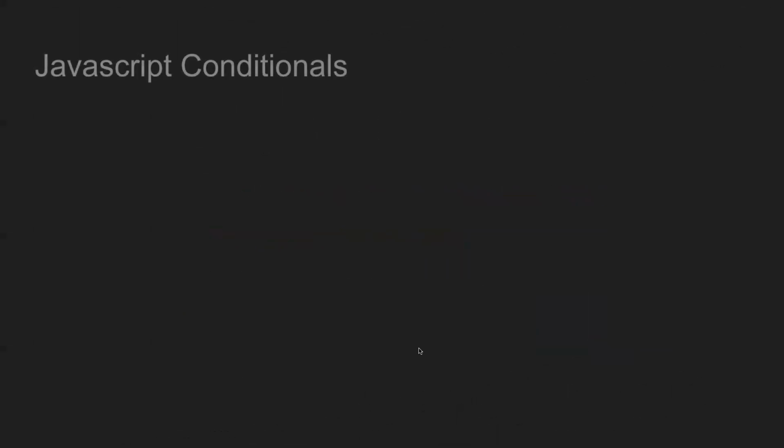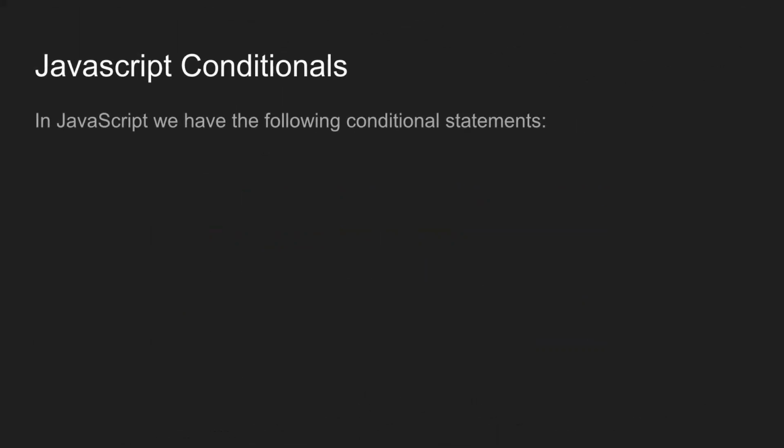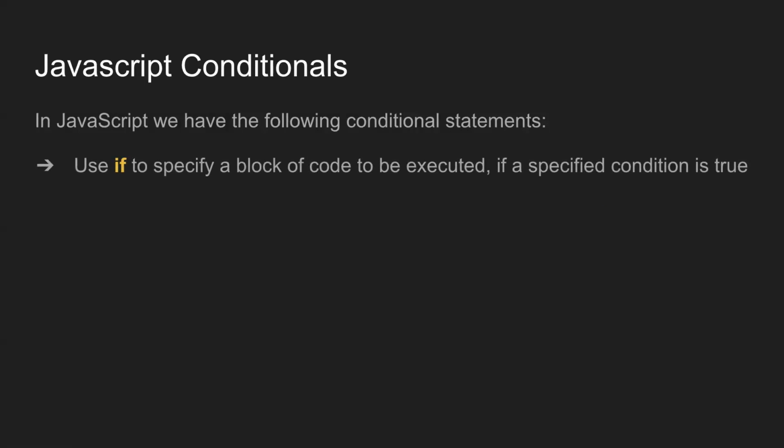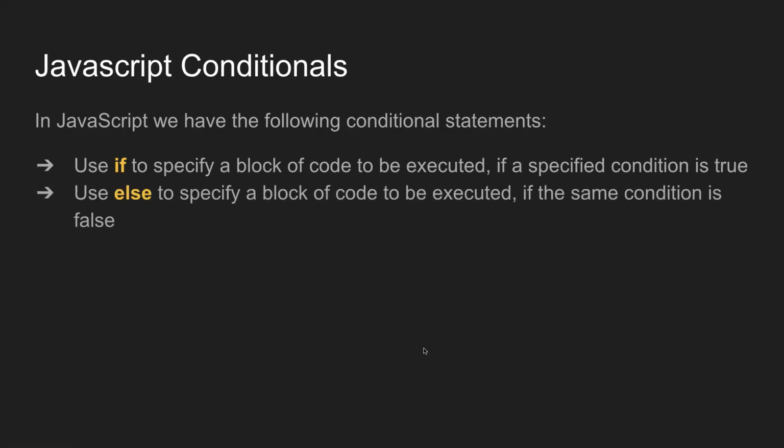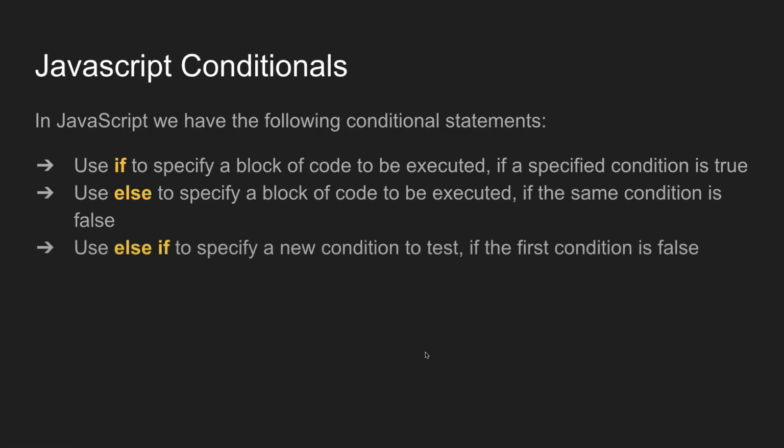All right? So look at the JavaScript conditional statements like this. We use an if to specify a block of code to be executed if a specified condition is true. We use the else to specify a block of code to be executed if the same condition is false. We use an else if to specify a new condition to test if the first condition is false.